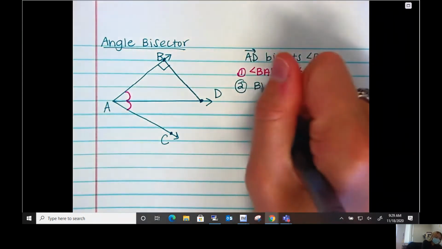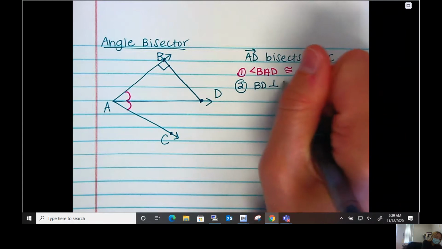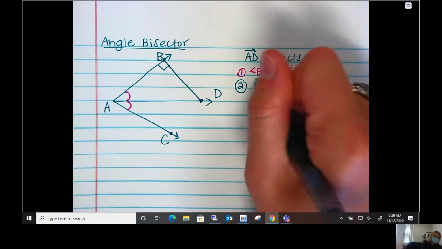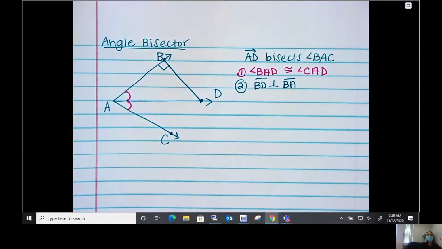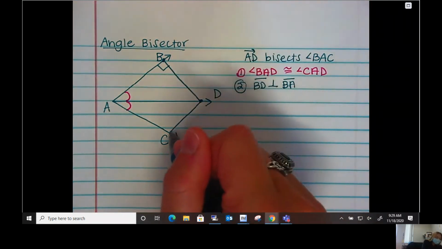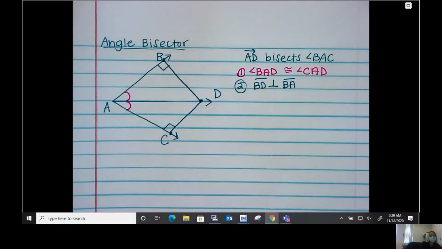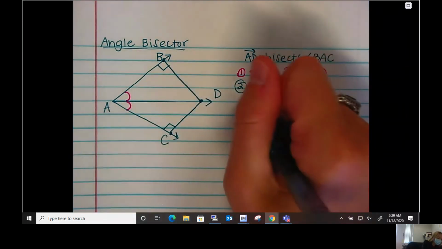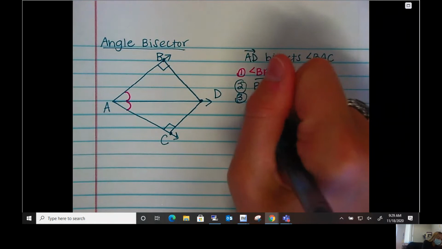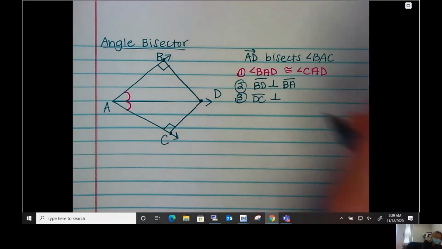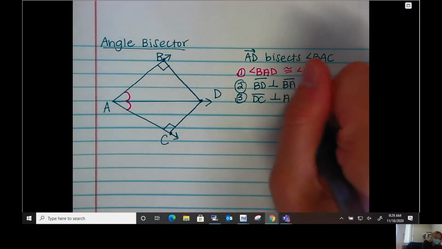So segment BD is perpendicular to segment BA. And because this is bisected, the exact same thing happens on the other side. So from D to C, I create another 90-degree angle. So DC is perpendicular to AC.